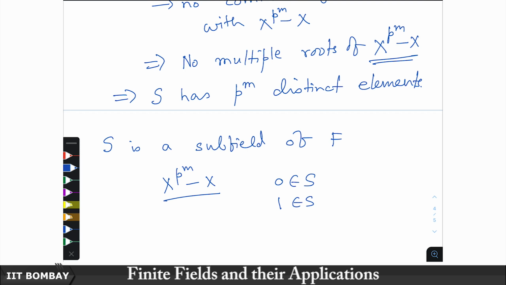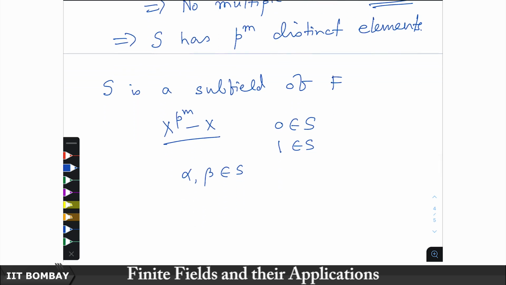Now, we can check that it is closed under addition. If alpha and beta are in S, then they are both roots of this polynomial, which means that alpha plus beta is also a root of that. Why? Because we know that this F is a characteristic p field.